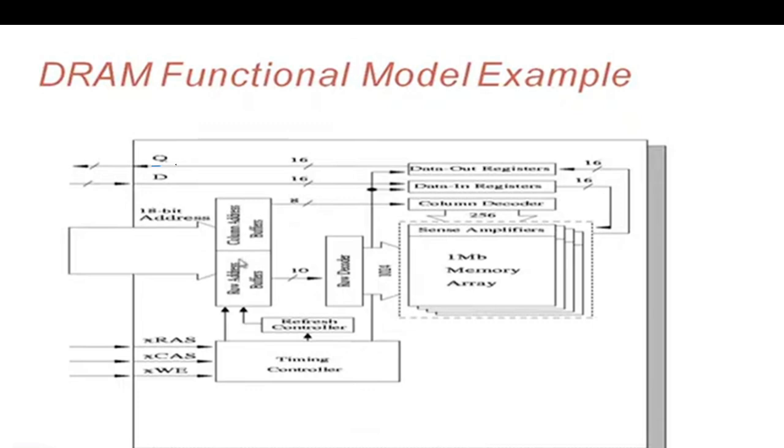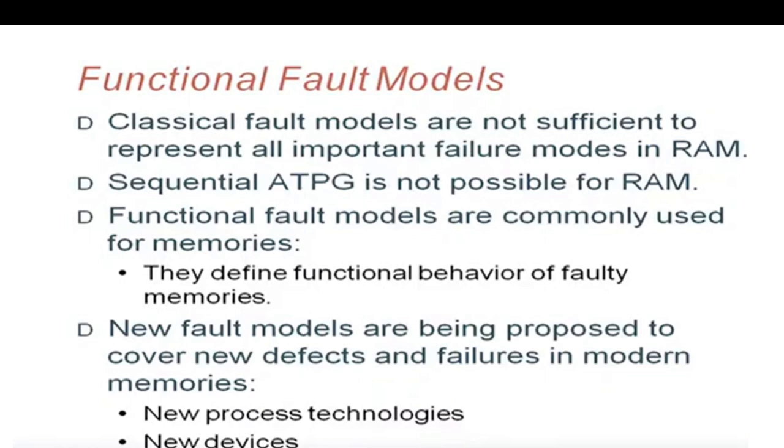It consists of D and Q lines and the address lines, the memory cell, the memory array, and the column decoder, row decoder. Okay. So next, functional fault model.